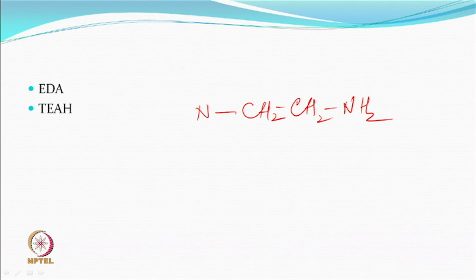So, ethylene diamine is an organic system. And tetraethyl ammonium hydroxide is obviously an ammonium compound. So, ammonium compounds have 4 linkages, therefore, they get a positive charge.